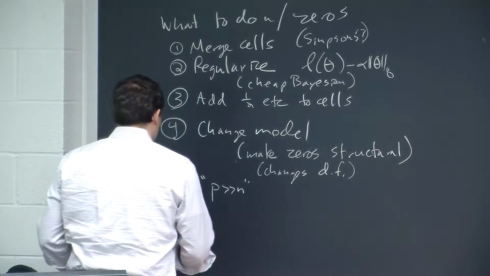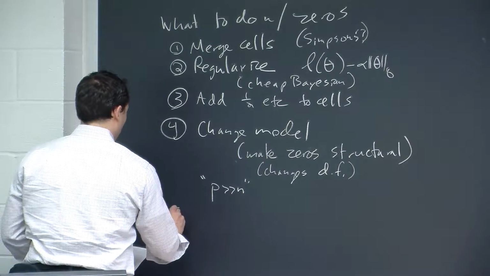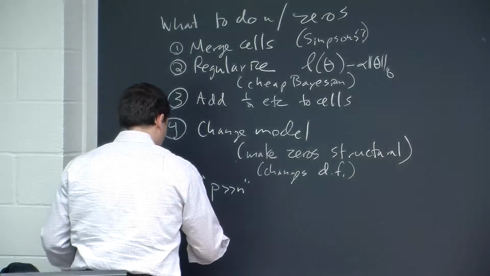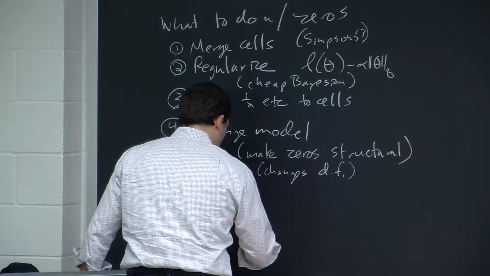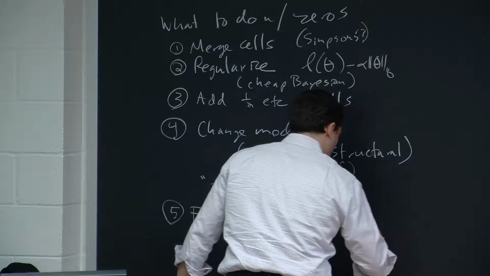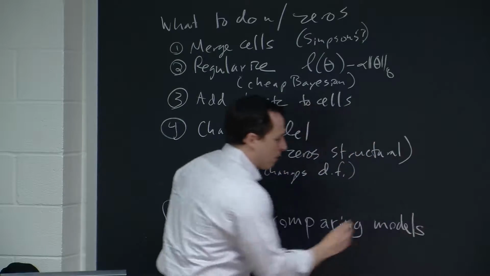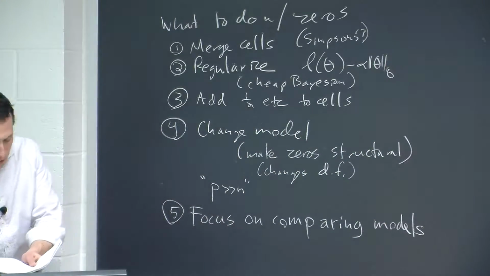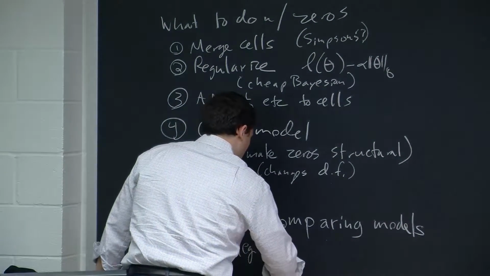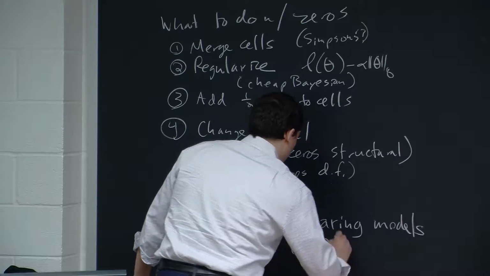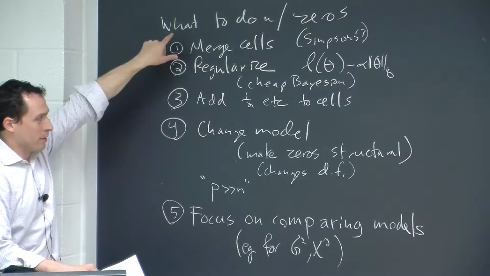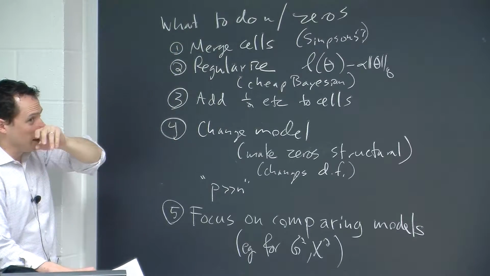And the last thing I want to mention, which isn't really in itself a technique, because it's not an adjustment to the model, but let's say what it is anyway, is a trick that we've seen before: put the emphasis of your analysis, say your goodness of fit statistic, so this doesn't help with our parameter estimation, but one of the things that falls apart in this too-many-zeros situation is the chi-squared approximation.